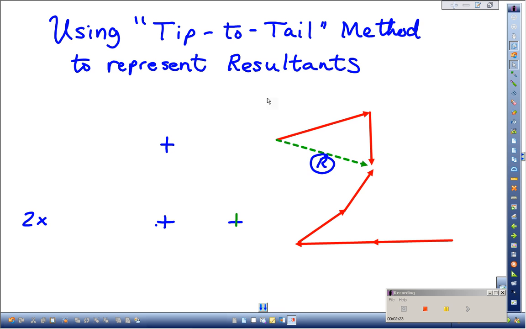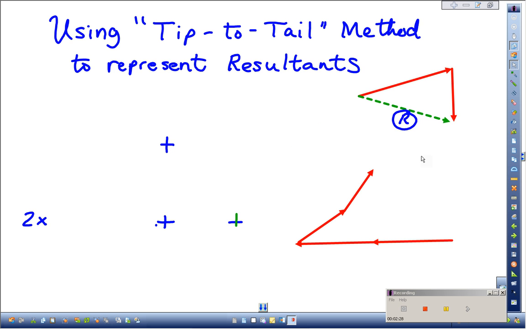We're kind of running out of room with the stuff that we had up here. And once I've added these vectors tip to tail with each other, it will always be, again, from the tail of the first to the tip of the last. So my resultant vector should look something like this. I'll give it a label, and that's about it.